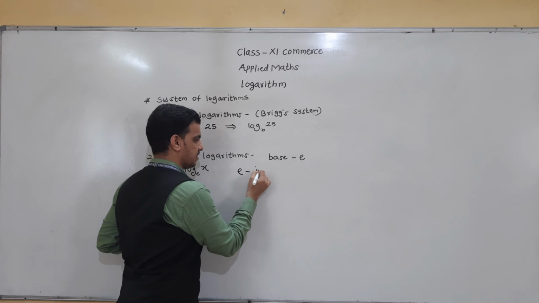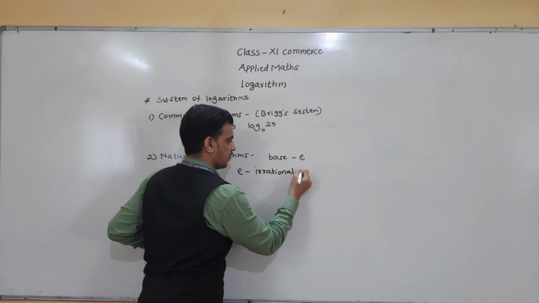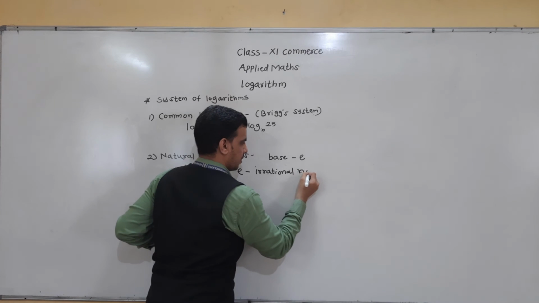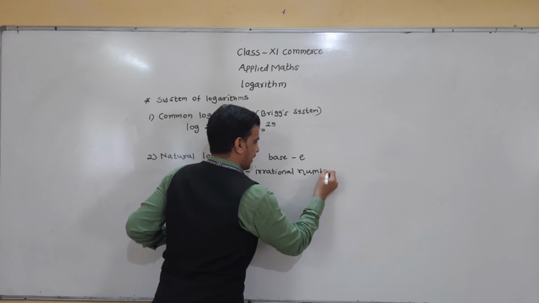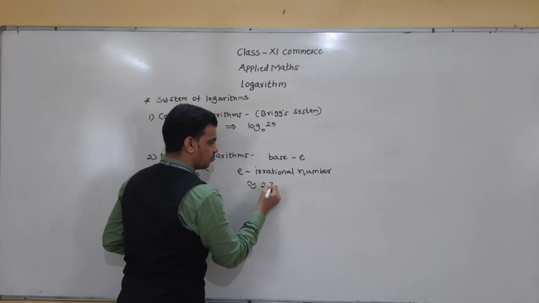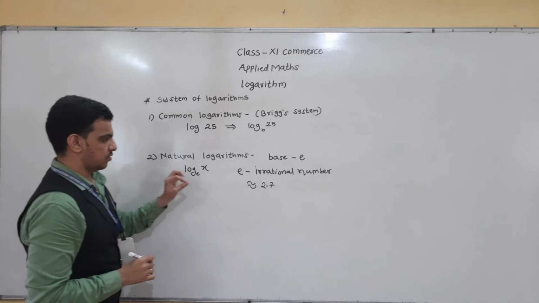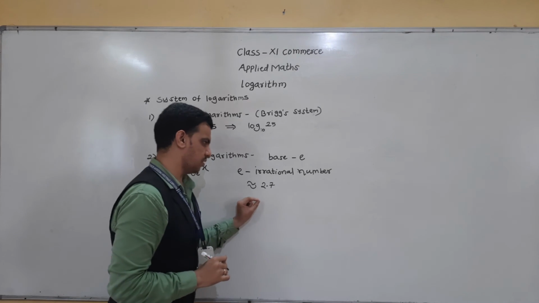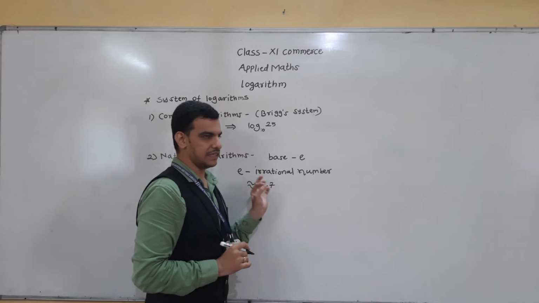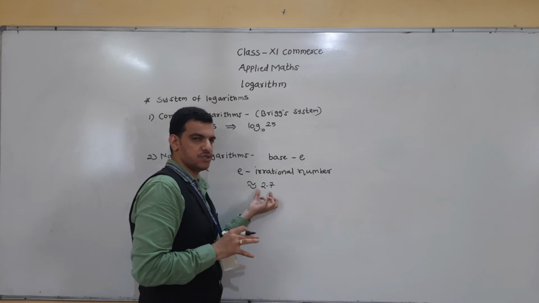This e is an irrational number, and the approximate value of e up to 1 decimal is 2.7.